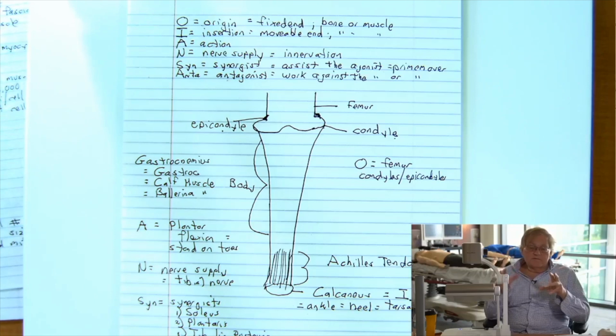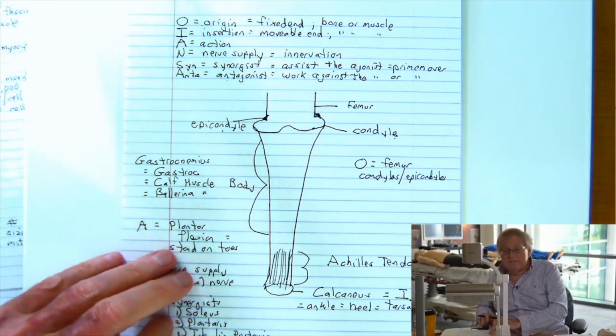But again, it becomes overwhelming, so I try and give you bits and pieces of it and not make you memorize certainly 657 muscles, because at the end of the day, it wouldn't be valuable to you. I mean, if you were going to be an orofacial surgeon, you certainly would want to know all of the muscles of facial expression, all the muscles of the face, where they came from, what their nerve supply.